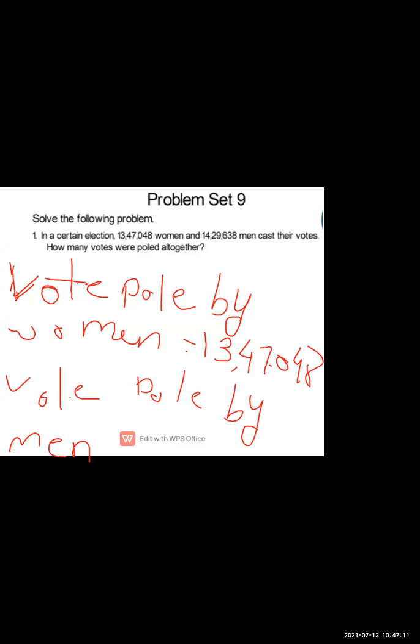This is given. This is known as the given, votes polled by men, that is 14 lakh 29,638. So this is the given, this is our other number. Now what we have to do?